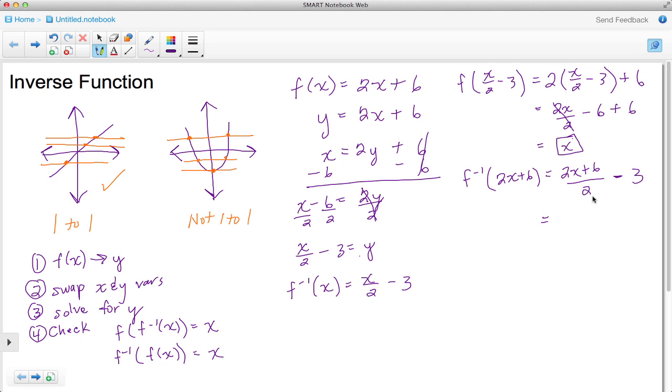I have addition over a common denominator of 2, which means I can separate this into two terms. So here I have 2x over 2 plus 6 over 2, and I continue with the original minus 3. And now I simplify. 2 divided by 2 leaves me with x. 6 divided by 2 leaves me with 3. I rewrite my negative 3. A positive 3 and negative 3 evaluate down to 0, leaving me with just a value of x. So here we see that with our check, in both directions we end up with x.